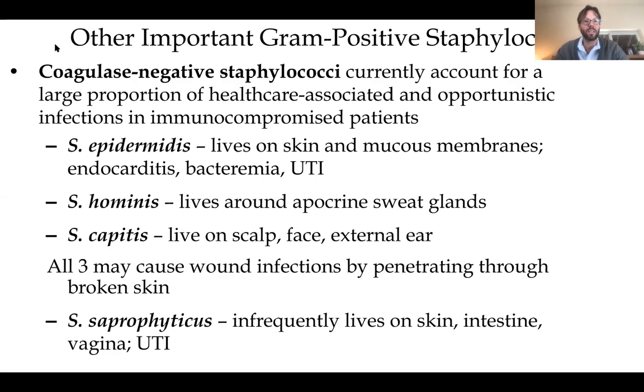And these are going to be things like S. epidermidis, because it's on the skin. However, it can also go further into the mucosal membranes, cause endocarditis or inflammation of the heart, bacteremia, systemic, or urinary tract infections. We actually use a different strain of epidermidis in the lab.